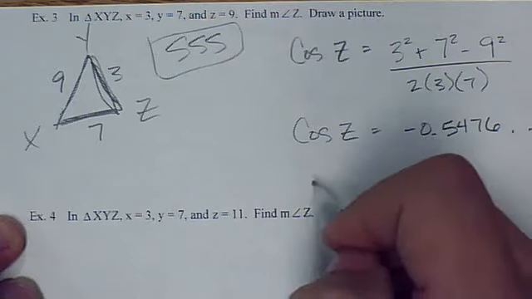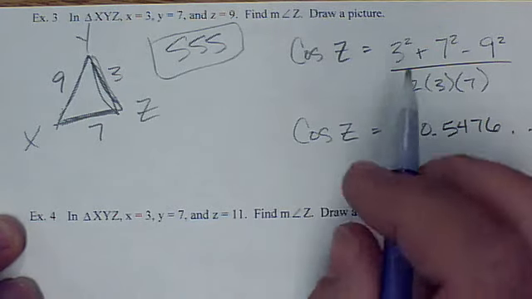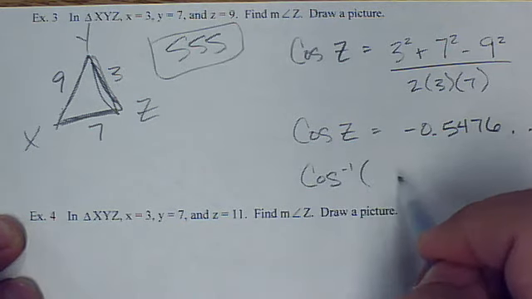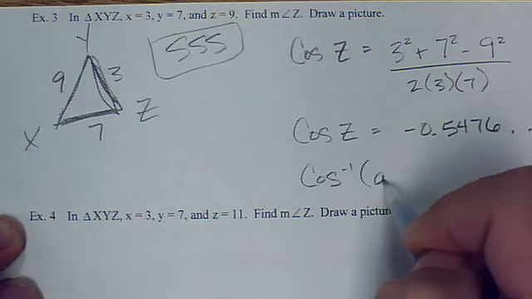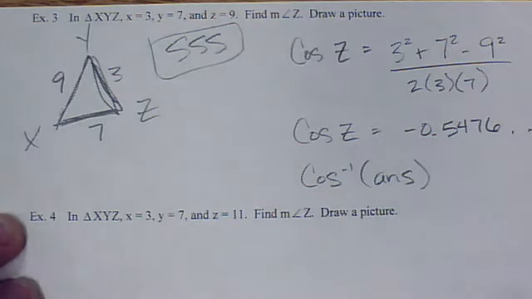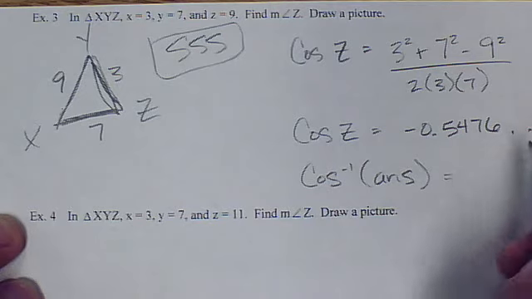On your calculator, you want to hit inverse cosine. And go ahead and hit second negative and pull down the answer, because we don't want to lose all those decimal places. And when you do that, that will give you the angle.